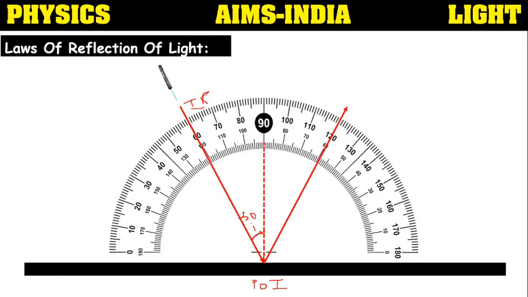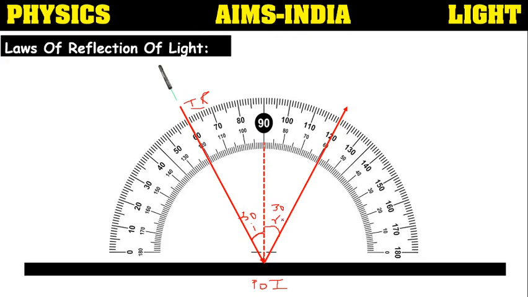The angle between the reflected ray and the normal is called the angle of reflection, and this value is also equal to 30 degrees. So the angle of incidence is 30 degrees, and the angle of reflection is also 30 degrees. In the first case, we have observed that the angle of incidence is equal to the angle of reflection.